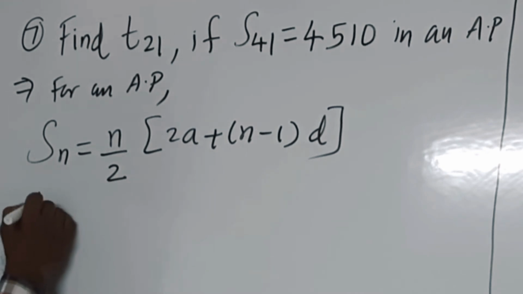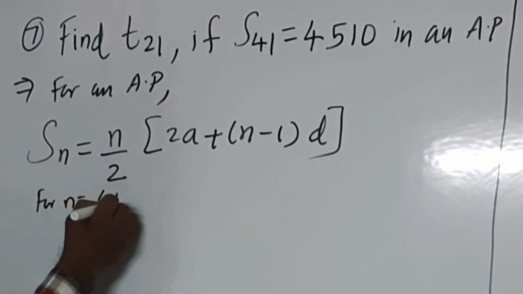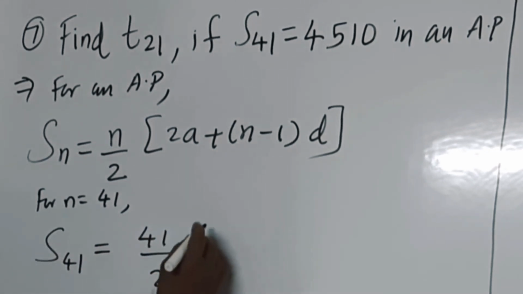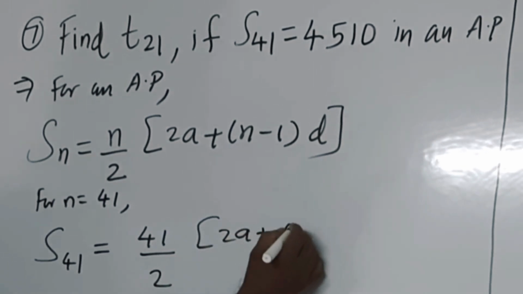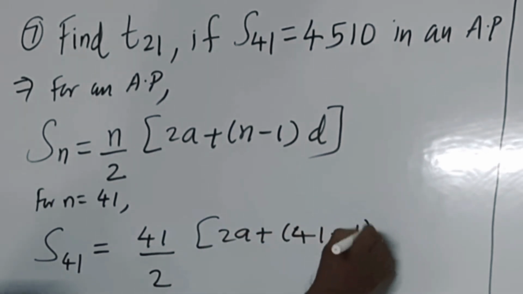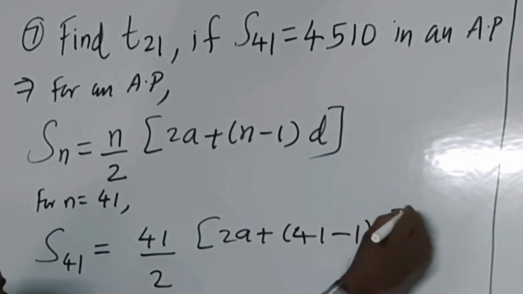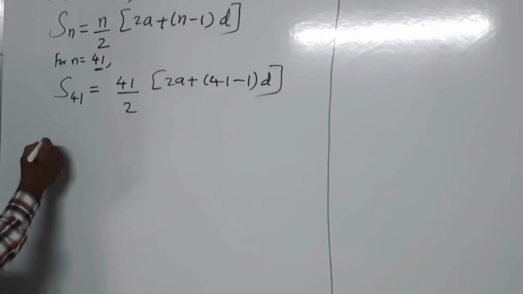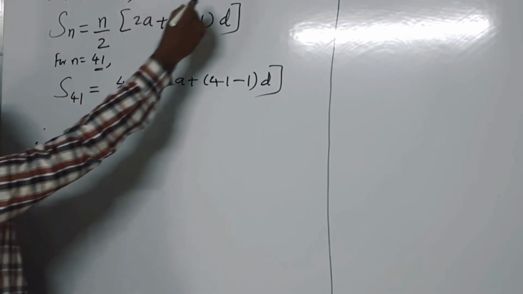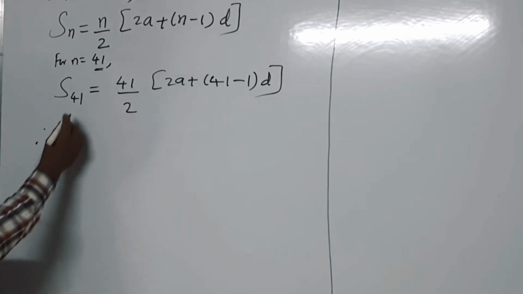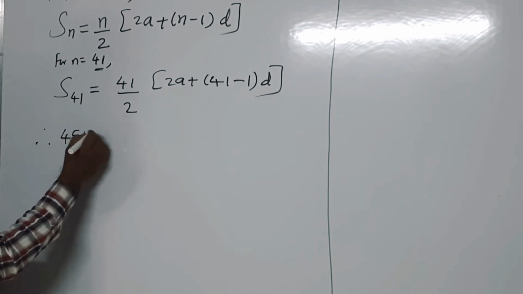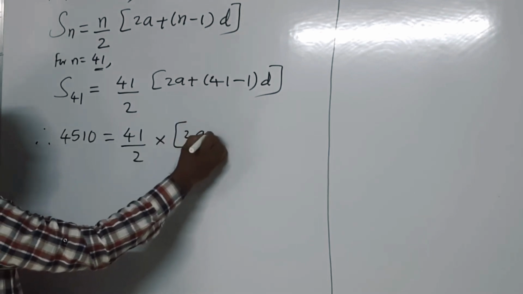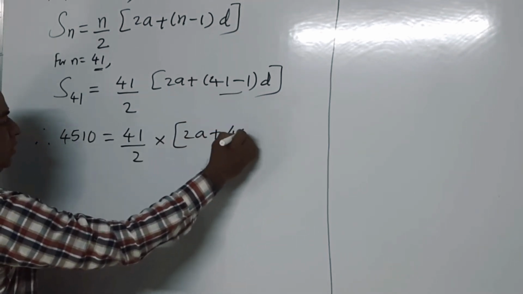Therefore, for n equal to 41, S41 is equal to 41 upon 2 into 2a plus 41 minus 1 into d. S41 is given as 4510. Therefore 4510 is equal to 41 upon 2 into 2a plus 40d.